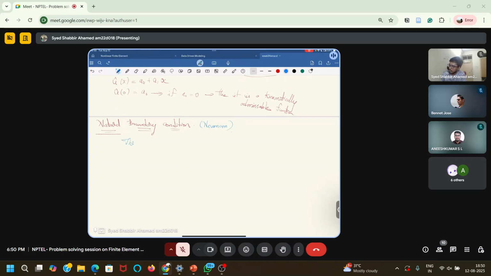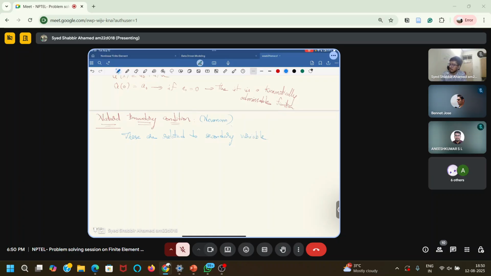These are related to the secondary variable. What is a secondary variable? We will see. The secondary variable is nothing but traction. You can see this is a derivative of the primary variable, du by dx.